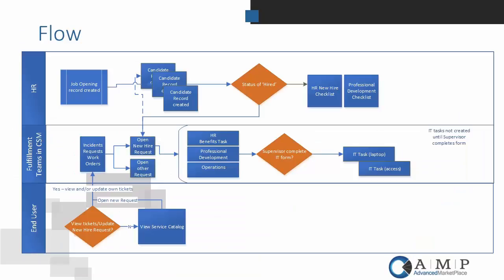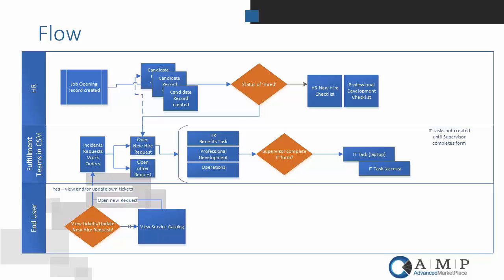This high-level flow, which is probably a little bit small, I wanted to highlight does start at HR. It starts with a job and a candidate, tracking it through. Once somebody is hired, there's a new hire request, and in this case, an HR case generated. It opens up the request, and it has some generic tasks for HR, professional development, and operations.